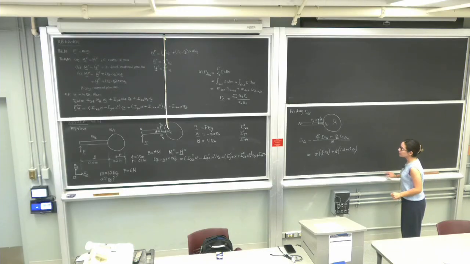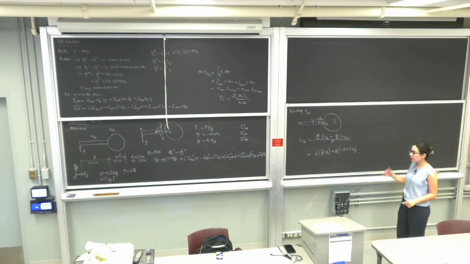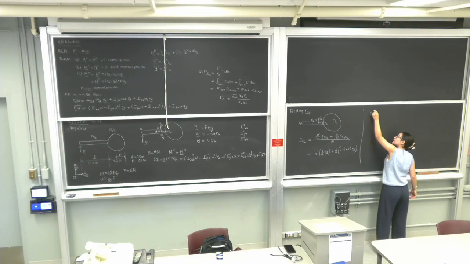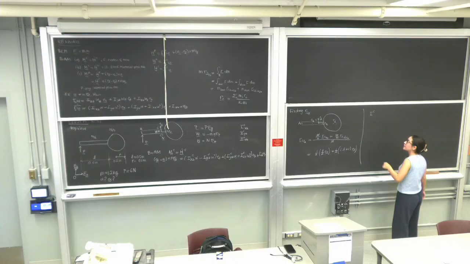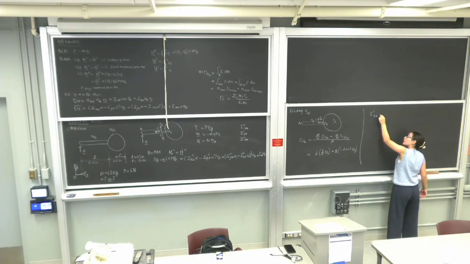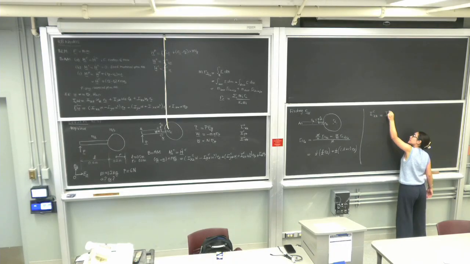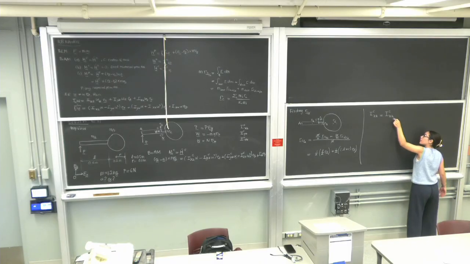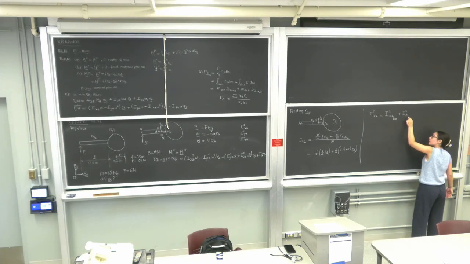Great. Now I want to find the moments and products of inertia. Let's start with the products of inertia. ICXZ of the whole body is ICXZ of the bar plus ICXZ of the disk. I'm going to divide the body into two: the bar plus the disk.